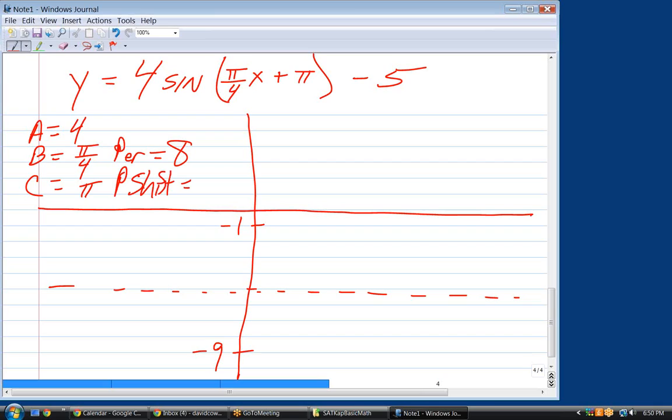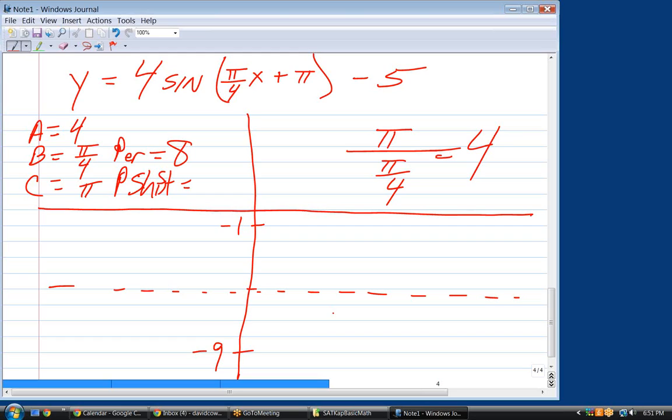If b is inside the parentheses, then your phase shift is c divided by b. So the phase shift is c, pi, divided by pi over 4. That's equal to 4. Is it left or right? It's positive, which means it goes to the left. Once again, it depends on what your general format is. As long as you know positive means goes to the left.